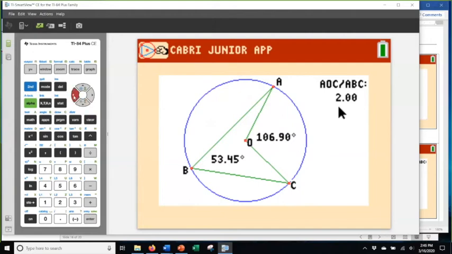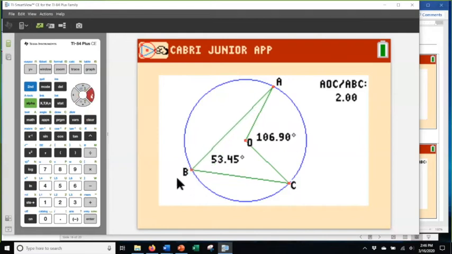What is really nice about this, the way that this is set up, what happens if you move point B? Point B moving might be a surprise to some students because grabbing point B and moving it doesn't actually change either angle.